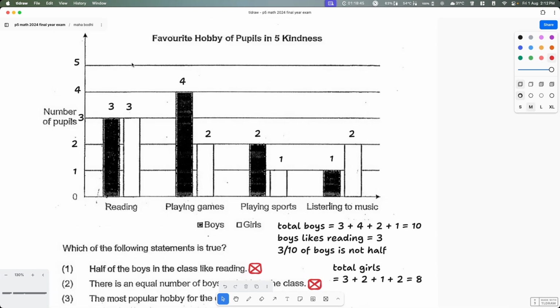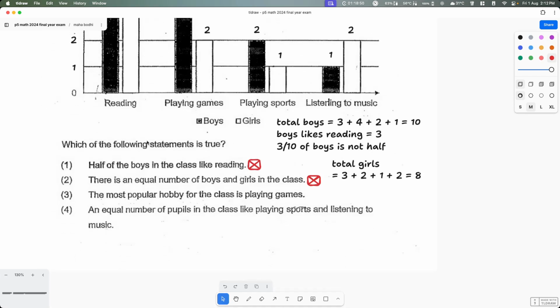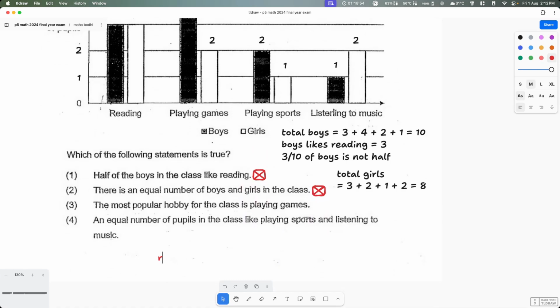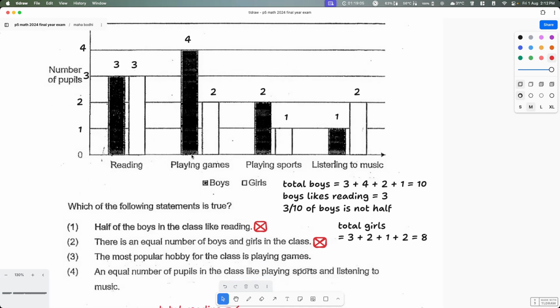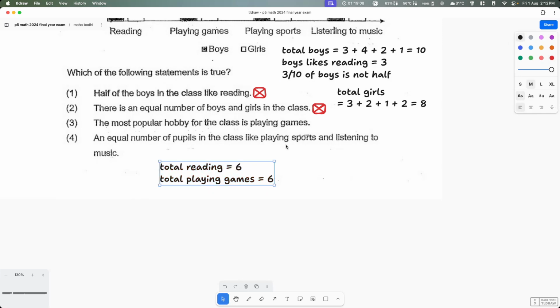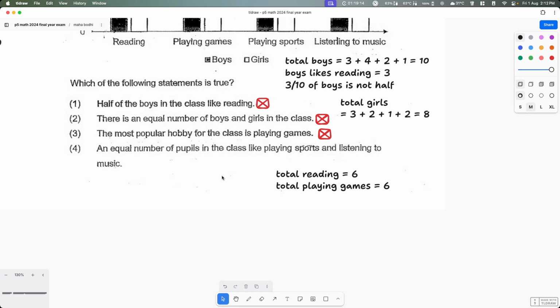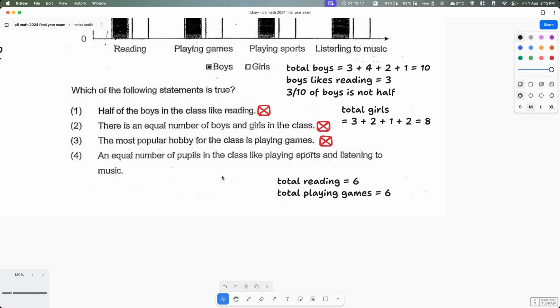Okay, so I will say popular hobby for the class is this. So reading, total reading is equal to 6. Total playing games is equal to 6 as well, right? So in this case, for this, that means this is wrong as well. Right, an equal number of pupils in the class like playing sports and listening to music.